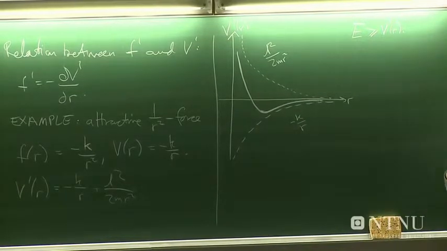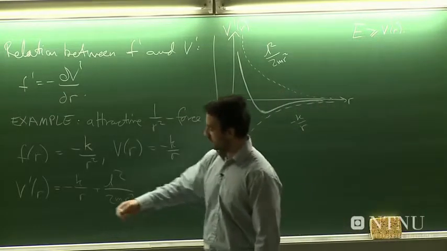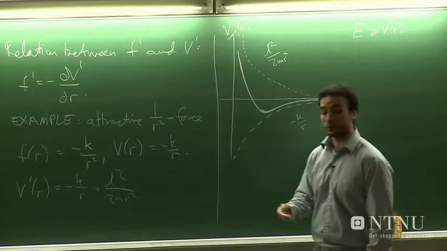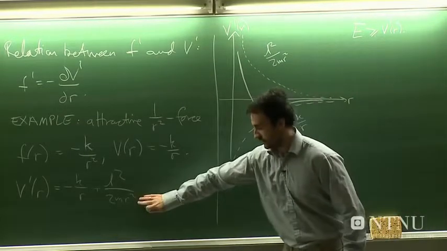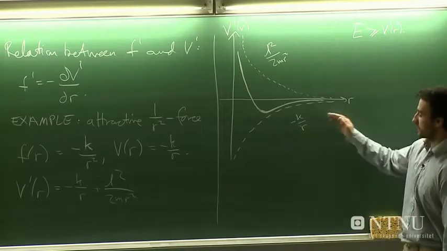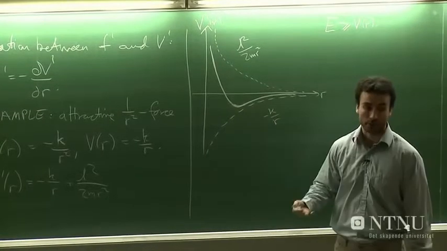However, as r goes towards infinity, this term here goes to 0 slower than this term, since we have r squared. And this means that as r becomes large, this term, minus K over r, should dominate.